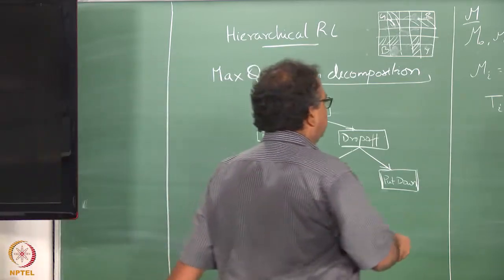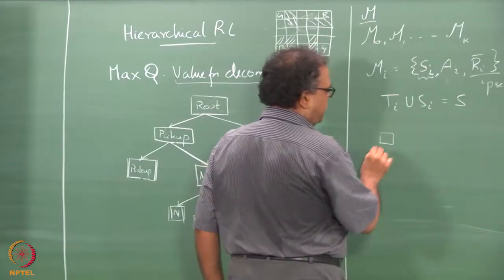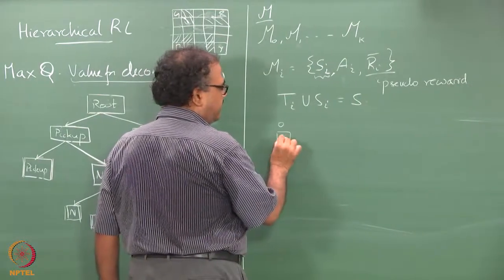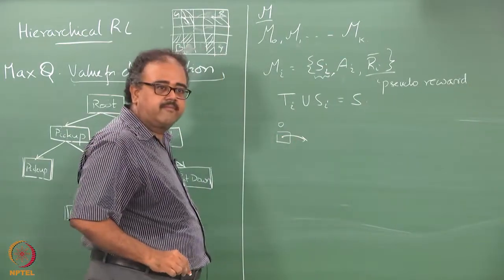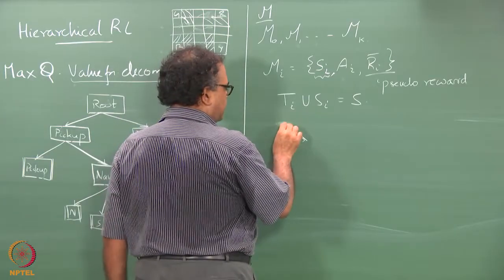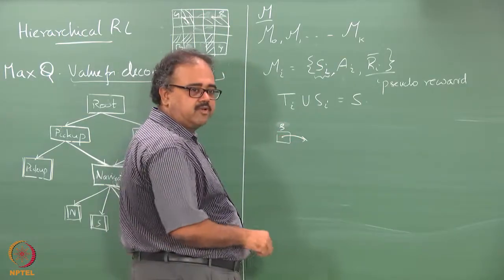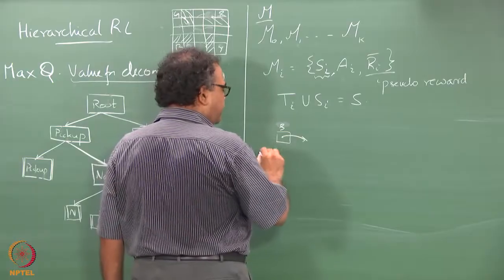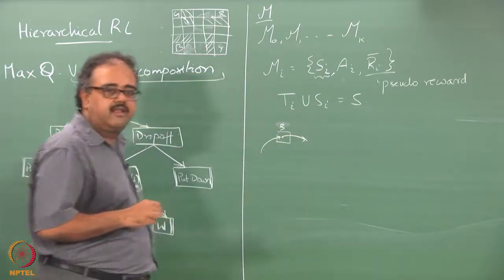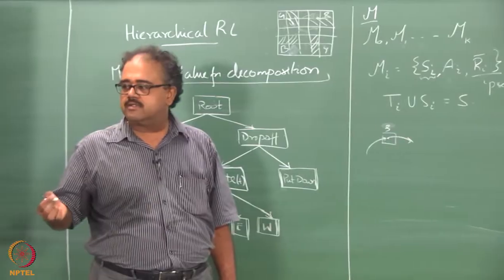Does that make sense? I have some state. If I start an option here, then I will certainly move out of the state. But while executing the option, if I land here, I will stop.